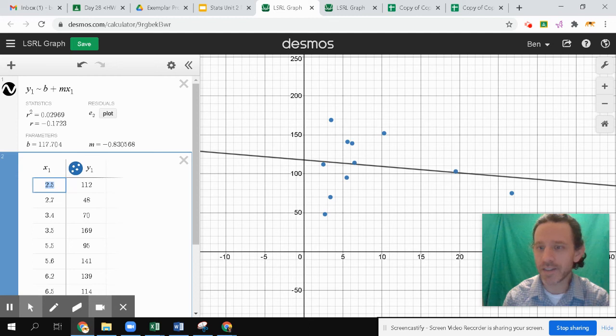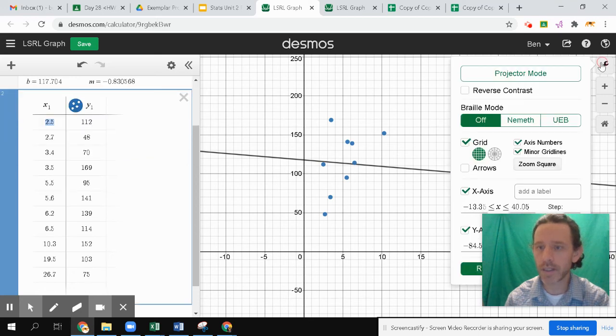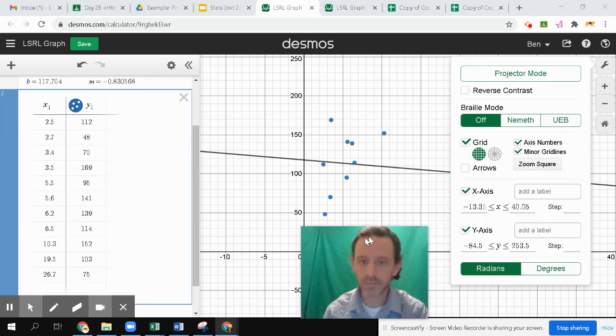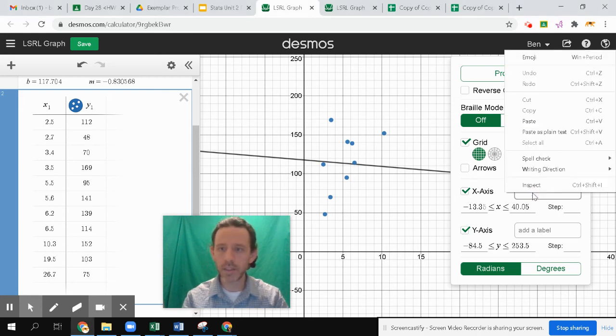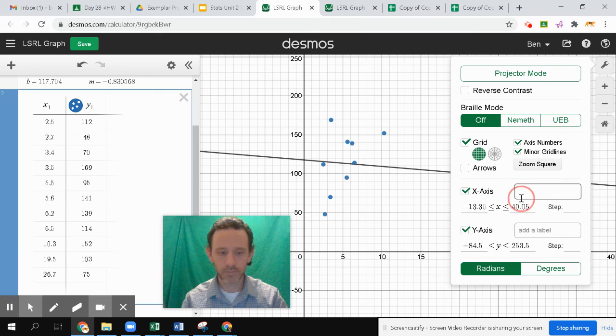The only trick now is instead of these being increments of one, which it looks like in your graph, it's actually increments of 100,000. So when you put your context in here, right, when you talk about your X being COVID cases, you have to say that it's in 100,000.